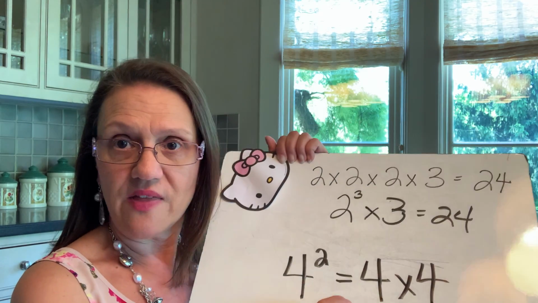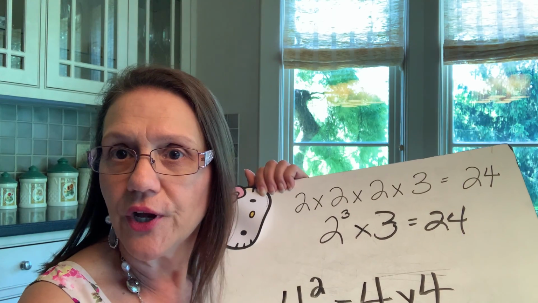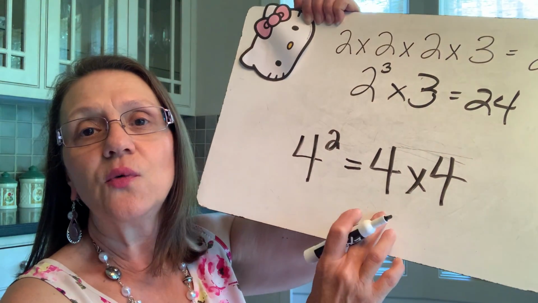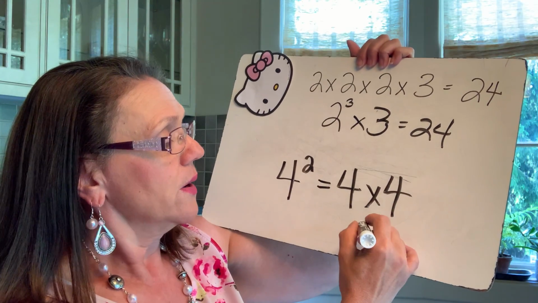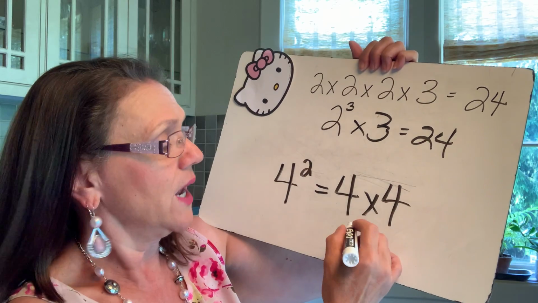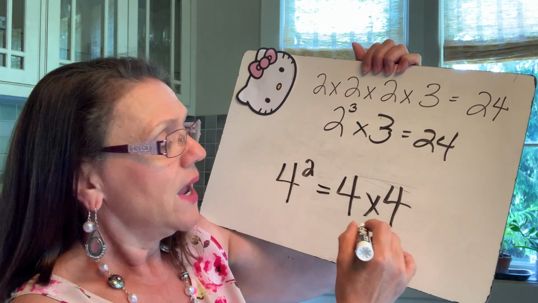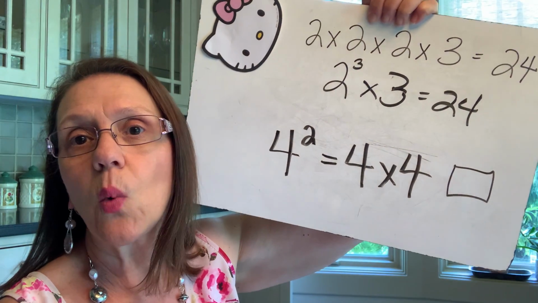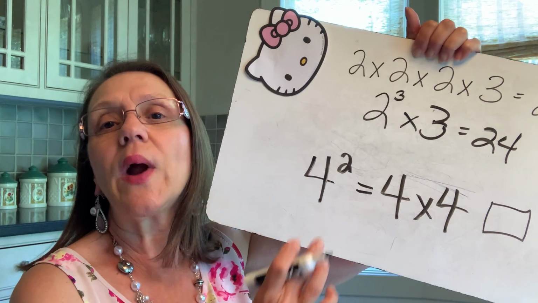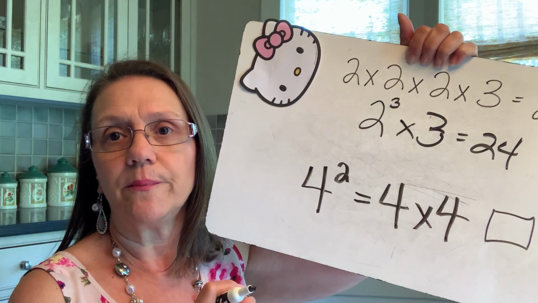You can also say that 4 squared, because 4 times 4, if you know area, could also be an area, length times width. And when you have length times width, you're describing a square. So that's where the word squared comes from, 4 squared.